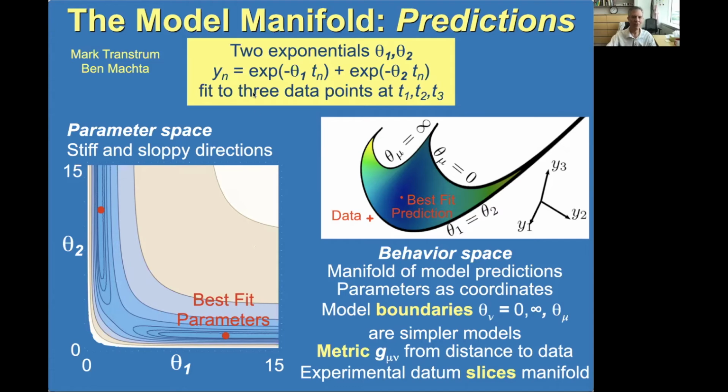So it's a very simple model, the sum of two exponentials with two rates, theta 1, theta 2. And if you have time series data, you can fit it with this model, and then you'll get a best fit and these contours, just like I was talking about before.